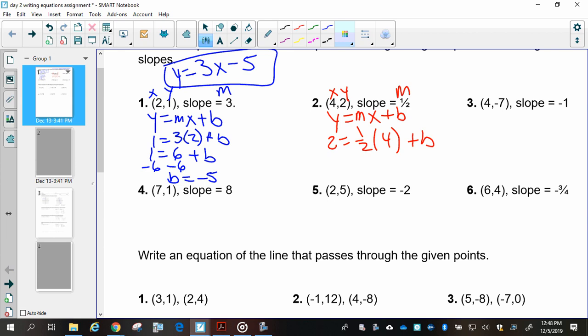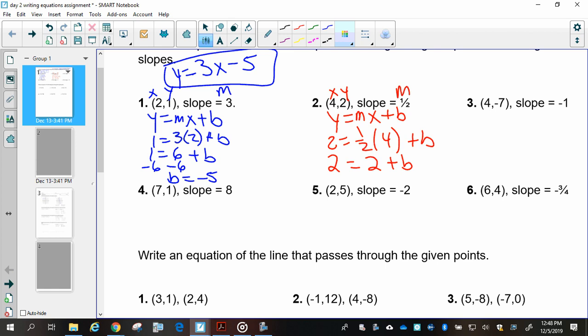What's 1/2 times 4? 2. Wouldn't it be 0.5 times 4? And it's just a half of that. What do you think? What's b? 0.